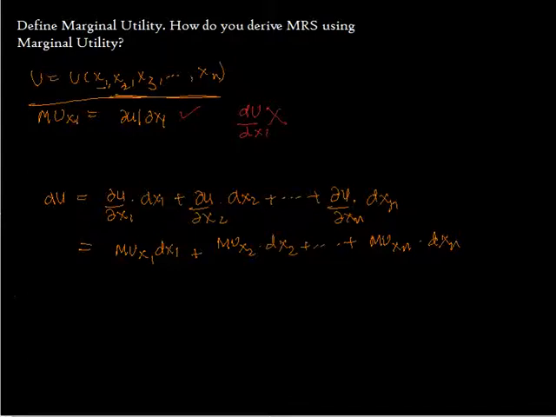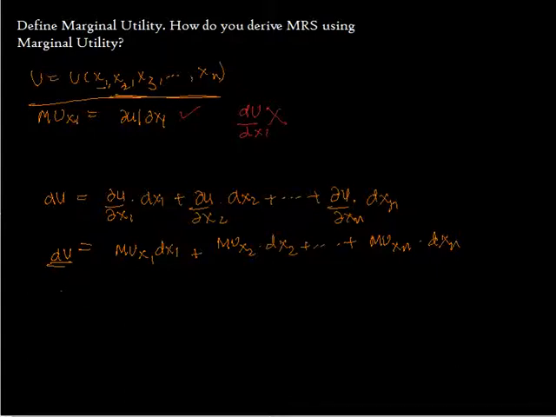Now suppose there are only two goods, x1 and x2. Let's keep our life simple, then it will become easier for us. Instead of u depending upon x1 through xn, an n-dimensional commodity vector, suppose u depends upon just two goods, x1 and x2.